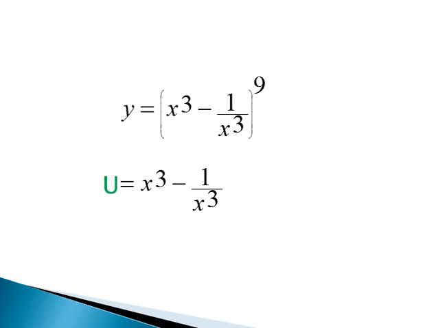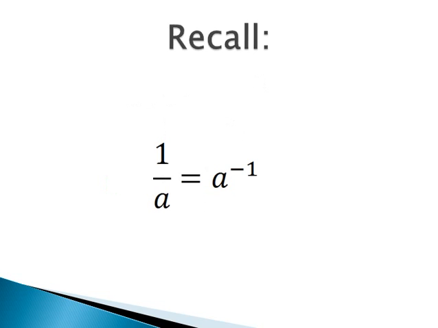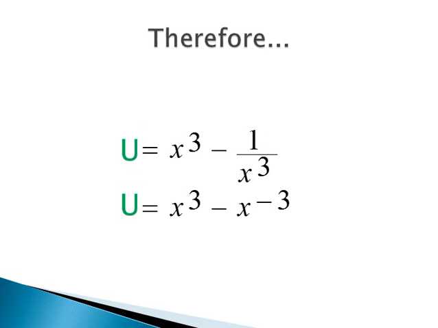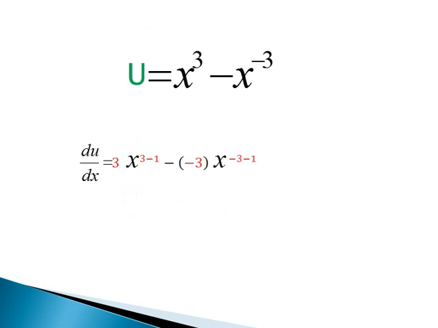In this case, u is simply what's inside the bracket, so u equals (x cubed minus 1) over x cubed. And let's recall from the log tables that 1 over a equals a to the power of minus 1. So similarly, we can say 1 over x cubed is equal to x to the power of minus 3. Therefore, u equals x cubed minus x to the power of minus 3.